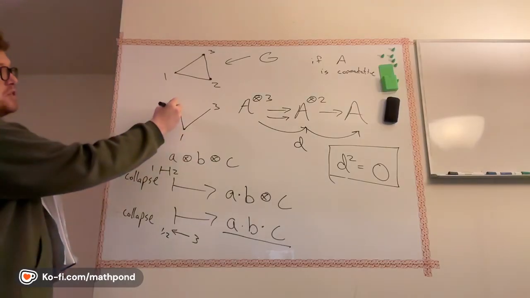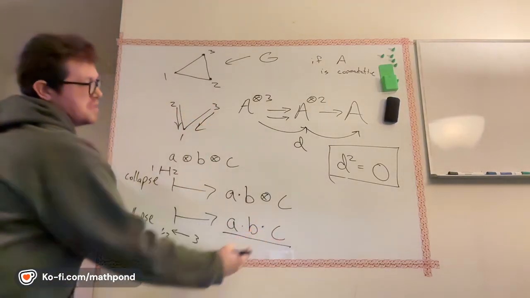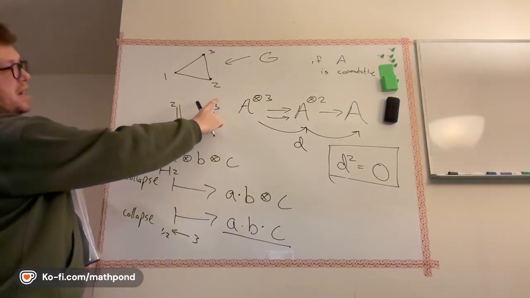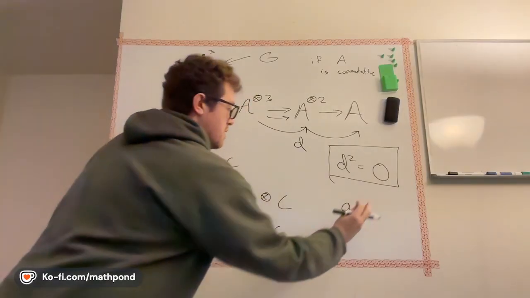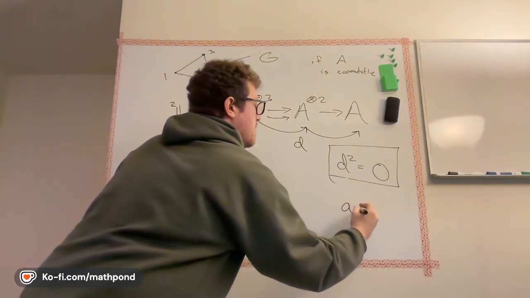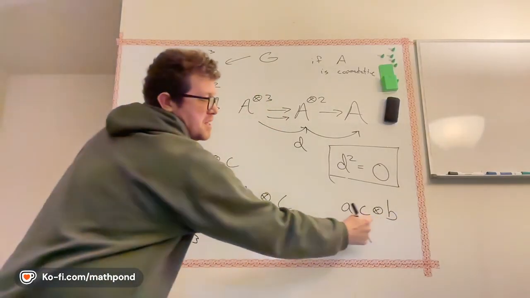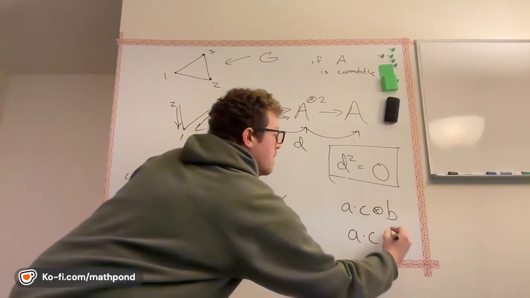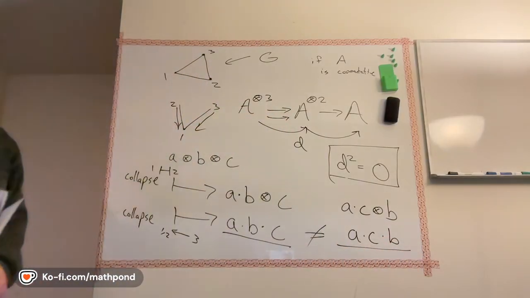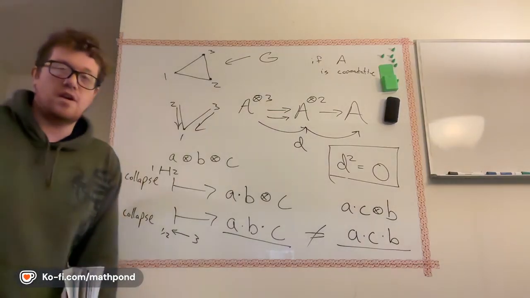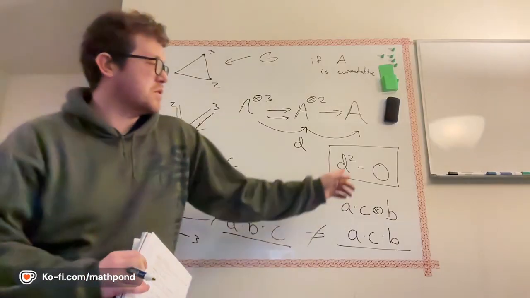If I collapse 2 into 1 first, and then do this collapse second, I get A times B times C. But if I do it in the other order, with 3 collapsing into 1 first, I get A times C, tensor B, and then once I collapse 2 into 1, I get A times C times B. So this is not equal to this usually, unless your algebra is commutative. So associativity of A is not enough to get d squared equals 0.